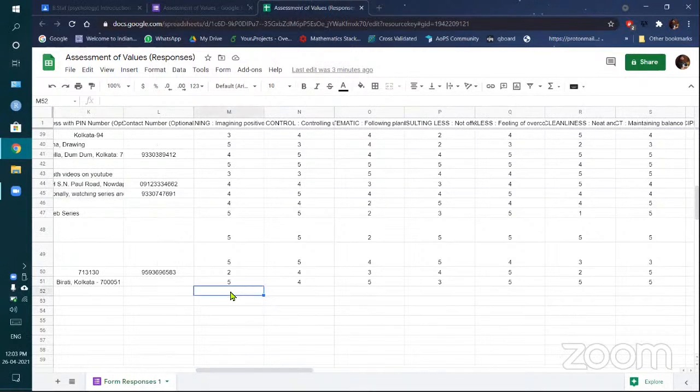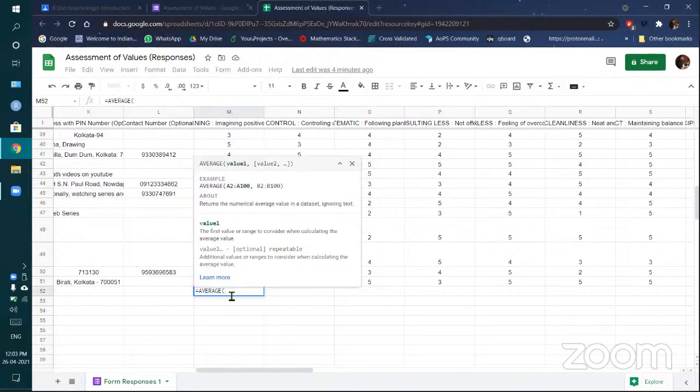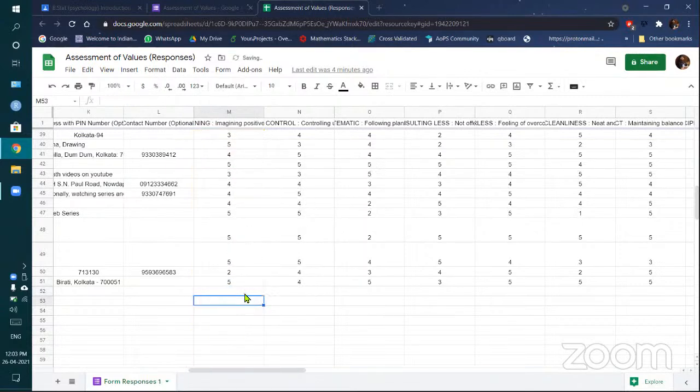Then you write down equal to average, bracket M2 to M51, enter. It's coming up to 3.98.